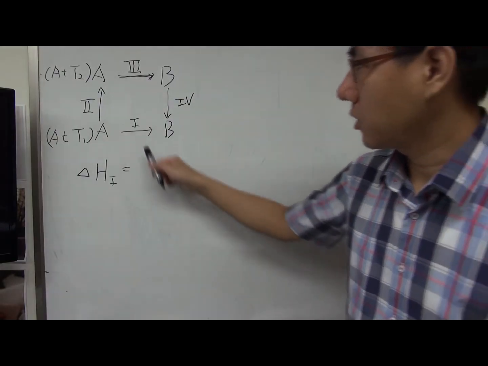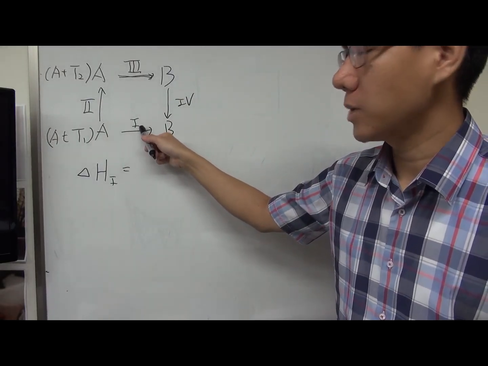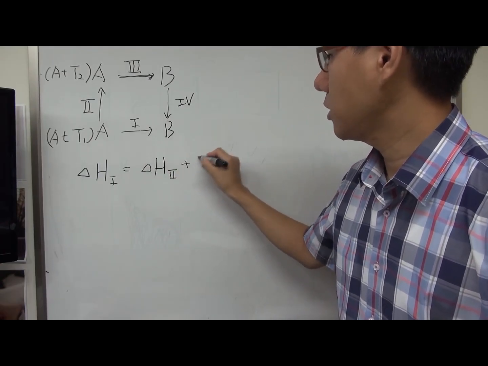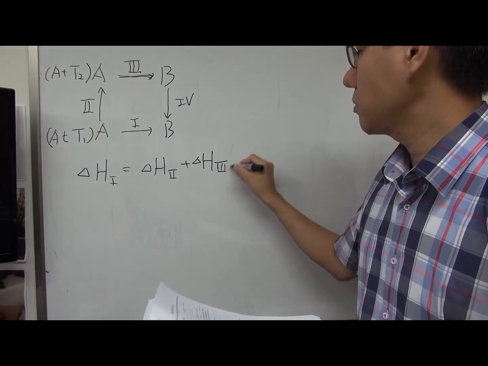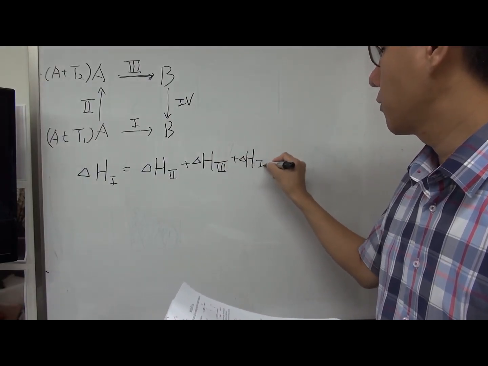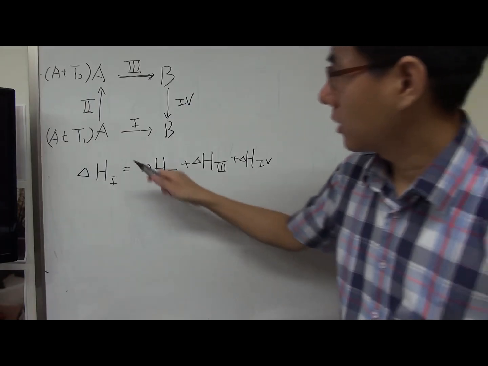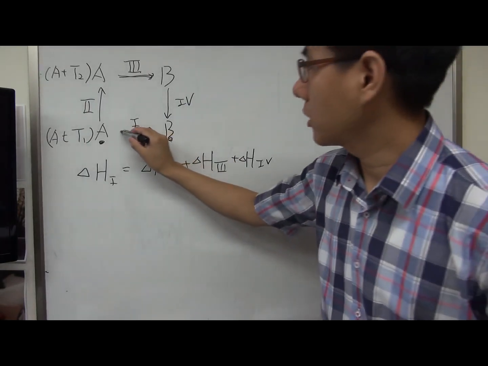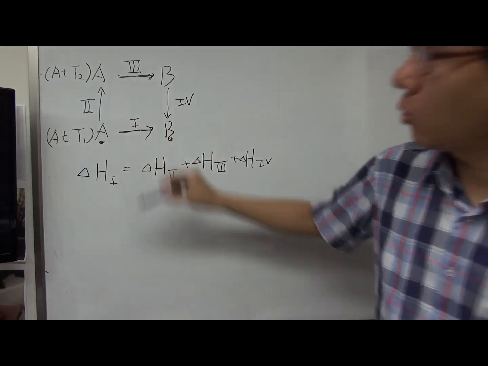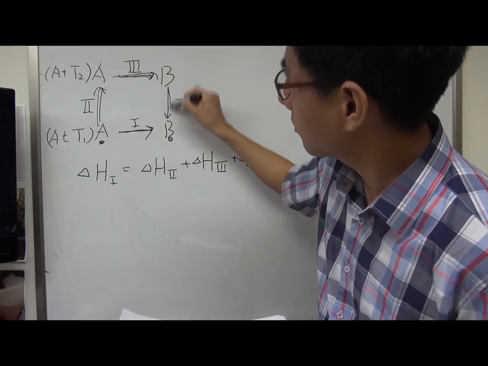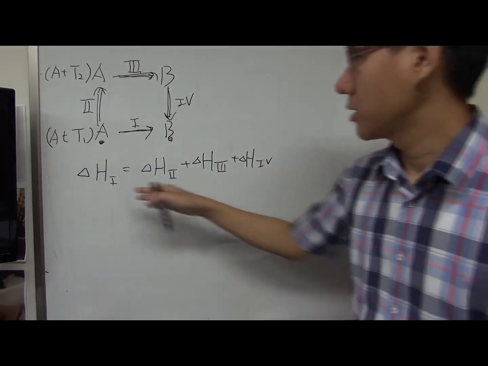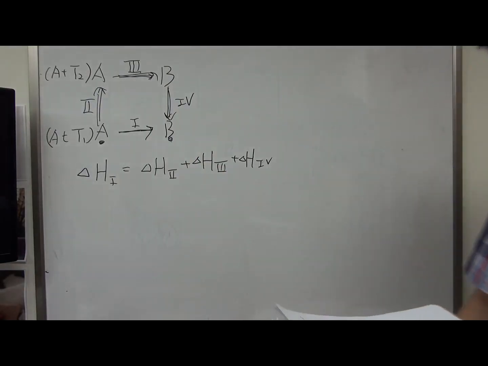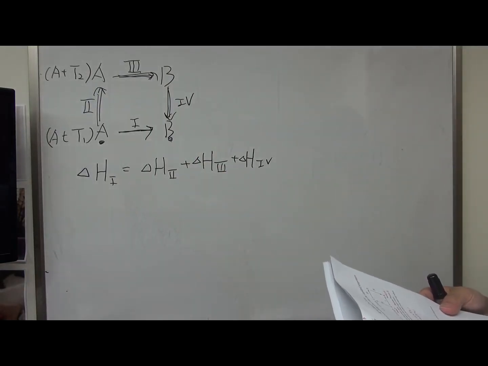The standard reaction enthalpy of reaction 1 should be equal to the enthalpy change of 2 plus 3 plus 4, right? Because this is the initial state, this is the final state. You can follow this path or this path. Enthalpy as a state function should be the same, right? Easy, right?